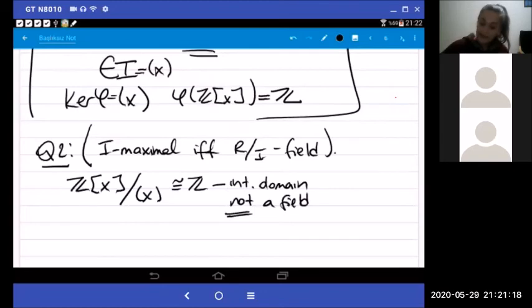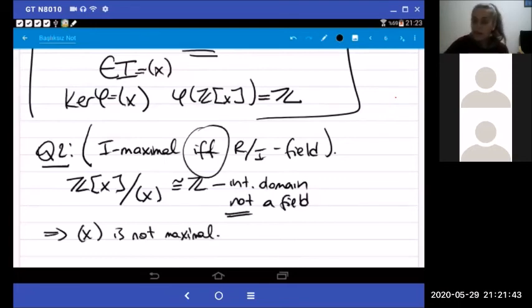This means that since this statement is two-sided, meaning that I is maximal implies R over I is a field, and the other way around, R over I is a field implies I is maximal. So since Z is not a field, the ideal generated by x is not maximal.